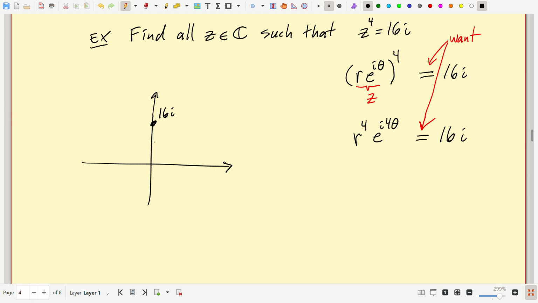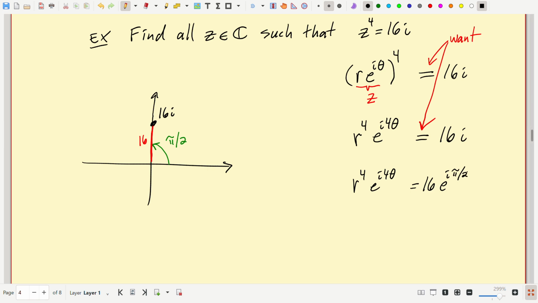But this angle right here is pi over 2. And so I have r to the fourth e to the i 4 theta equals radius 16 times e to the i pi over 2.